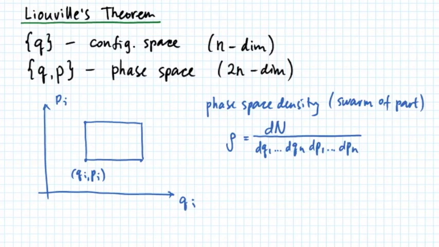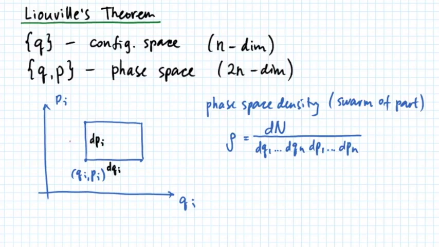So back to our little graph here. This element on the left is dp sub i. That's the height of this rectangle. The base of this rectangle will be dq sub i. We are looking at small changes in both position and momentum. We can consider what happens to the particles that move in this volume of phase space.